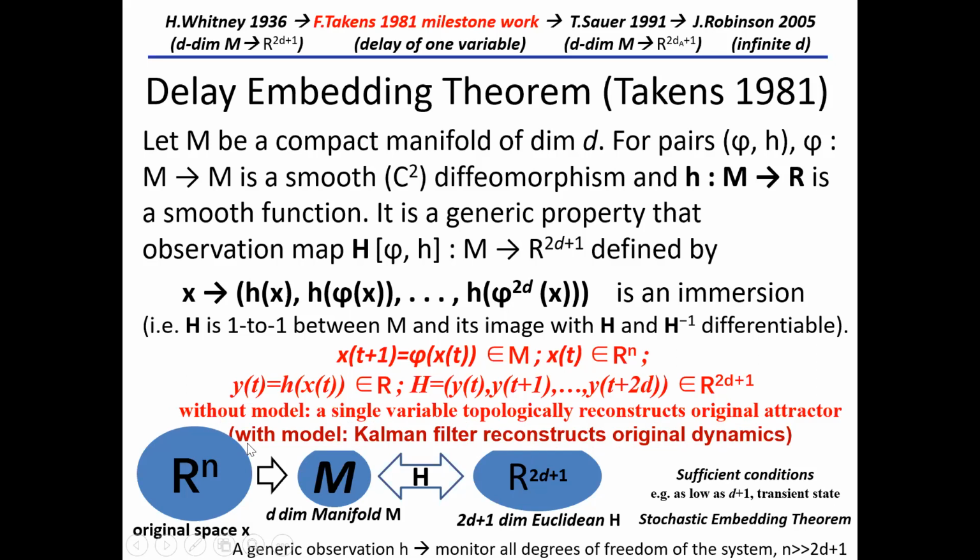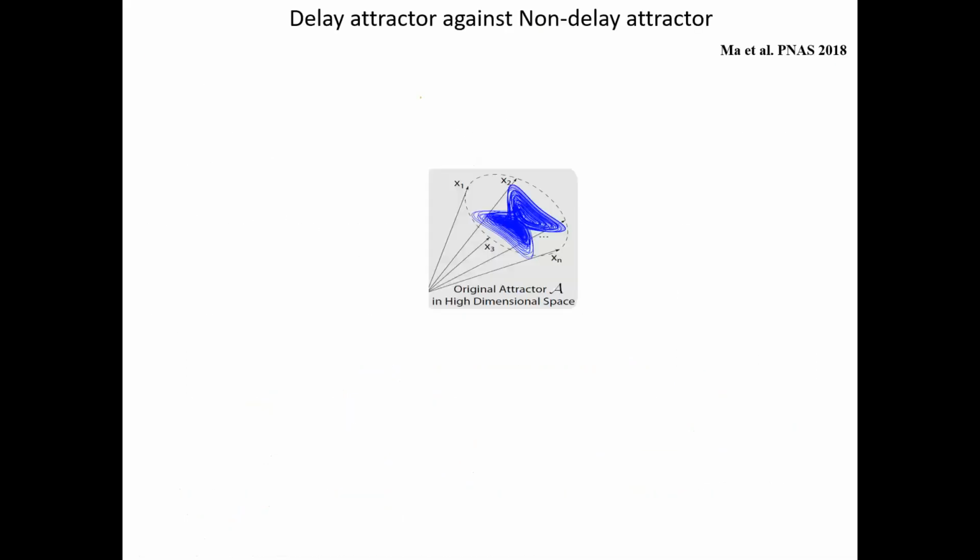So if you have a model, you had better use the Kalman filter, but if you don't have a model, just use Takens' theorem. That is the difference. Okay, I showed the history of nonlinear time series analysis, and then I need to show our work.